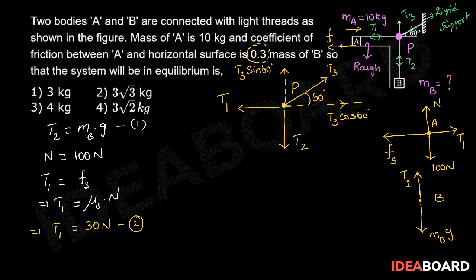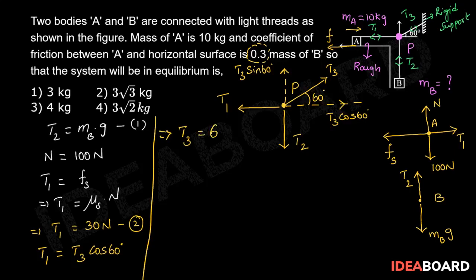Now from the FBD of point P, T1 can be written as T3 cos 60 degrees. So this implies T3 is equal to 60 newtons.